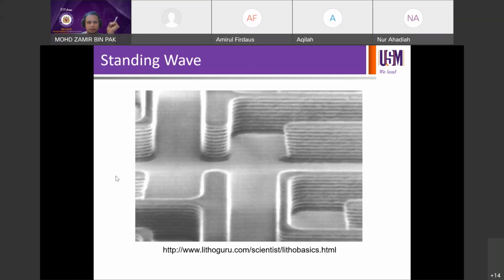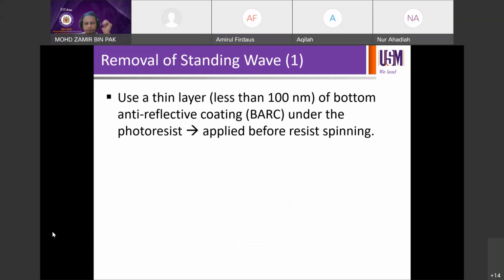So how to do that? If you go back to the sketch, silicon. What you have is, you want to have this. It is intended.